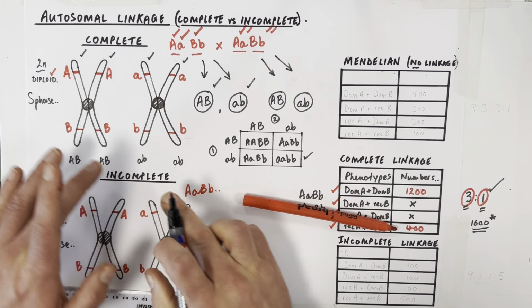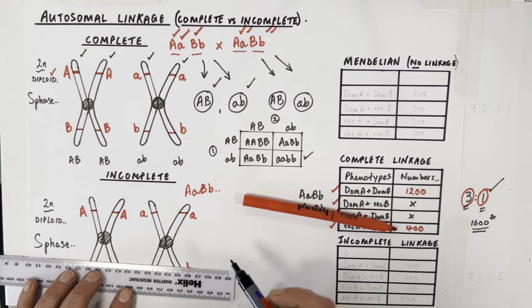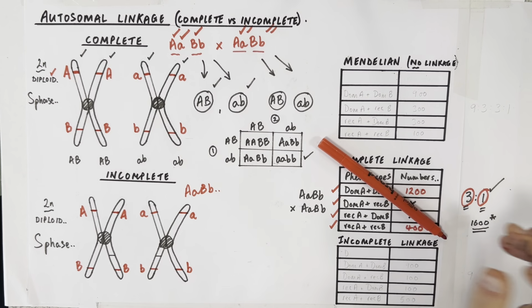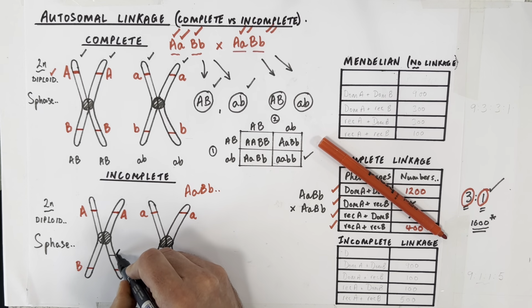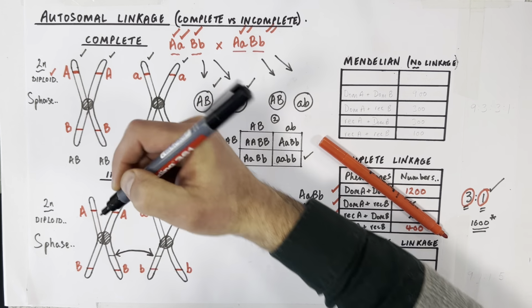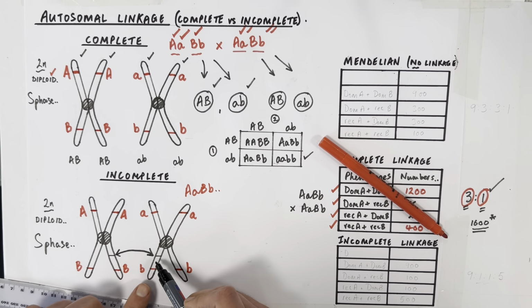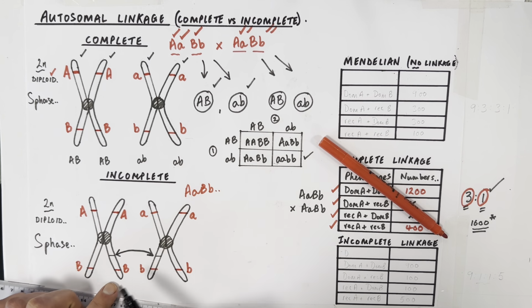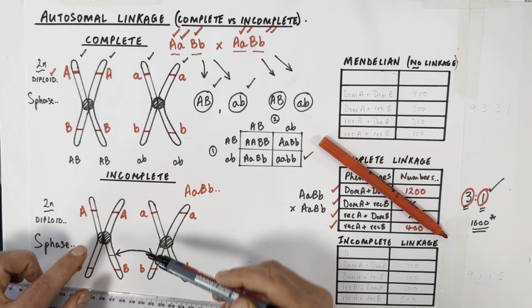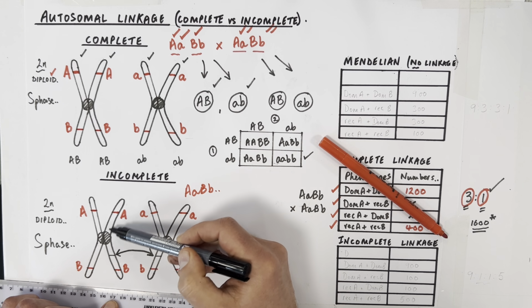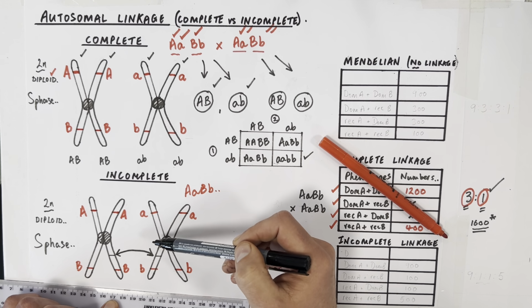So this is where incomplete differs to complete linkage. So I'm going to say my chiasmata point for crossing over is here. So the crossing over point is the chiasmata point, and this little chunk of chromatid is going to physically swap with an equal length of chromatid from the other homologous chromosome. Now, this chromatid here is not identical to this chromatid here because obviously they do have different alleles.